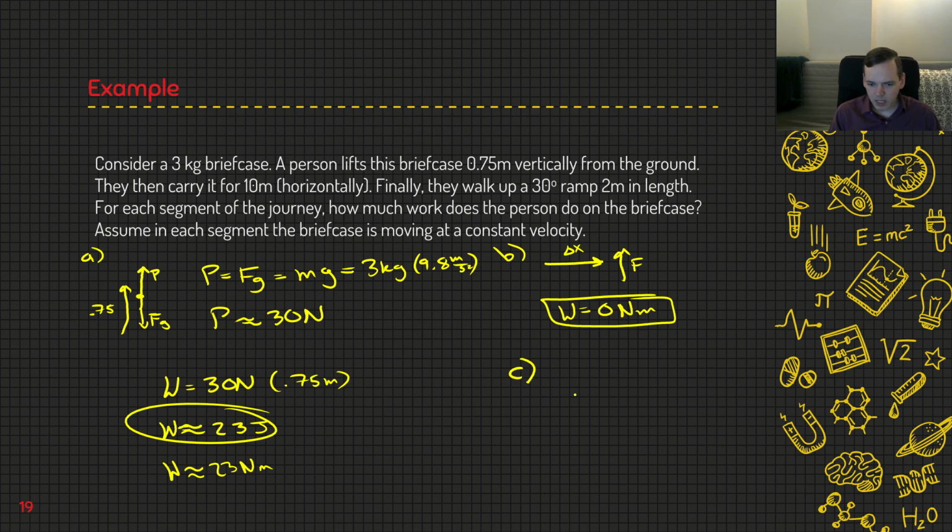Now, if the person's carrying it up the ramp, that means that our delta x is like this. In this case, rather than finding how much of the force is directed diagonally, I'm just going to find my change in position in the direction of my force.